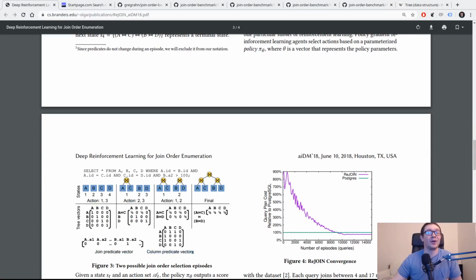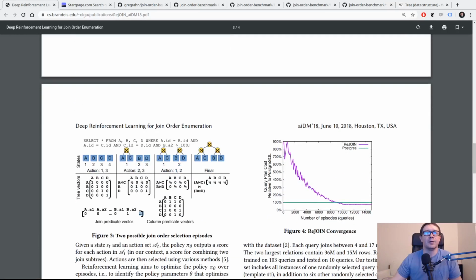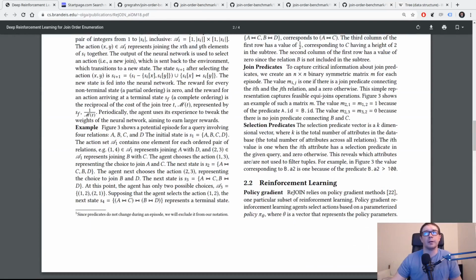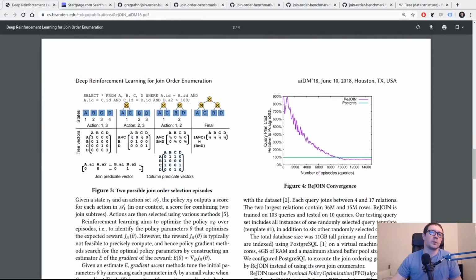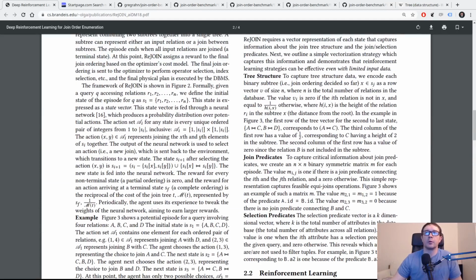So they call the actual join predicate something else, and they call the selection predicates this thing. I know it's this thing because it is a k-dimensional vector, not a matrix. This thing is the selection predicate, and this is the join predicate. So this is where they screw up their nomenclature. That's what makes me believe that they screwed up their nomenclature.